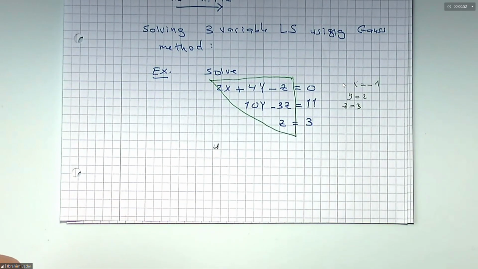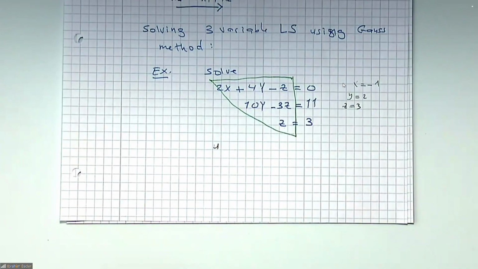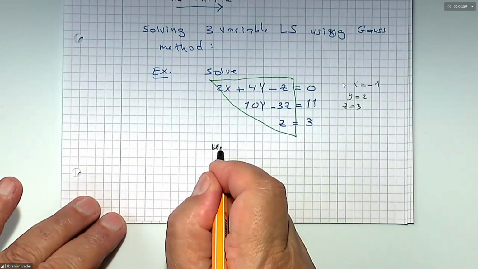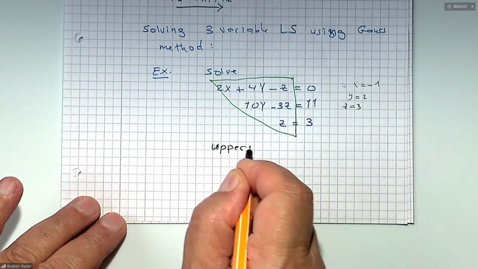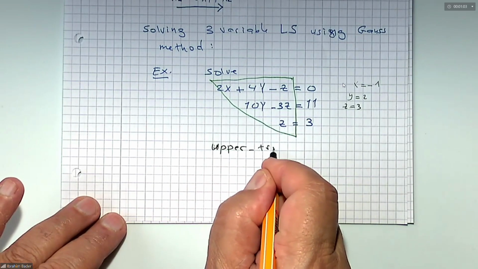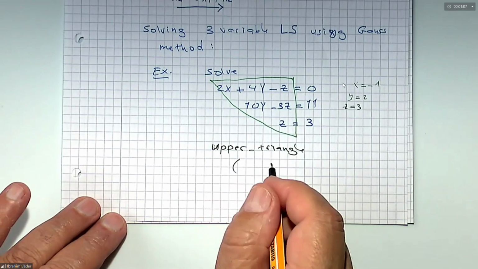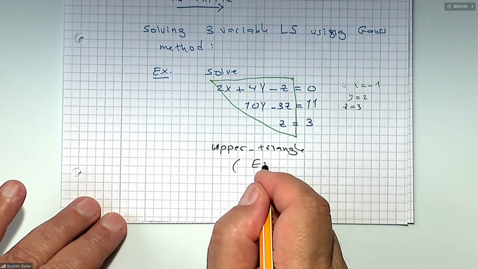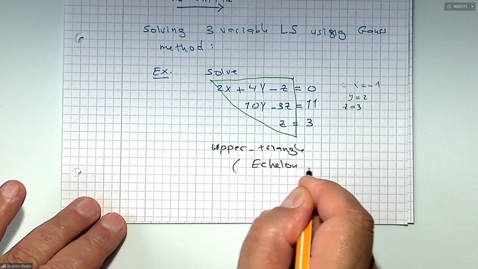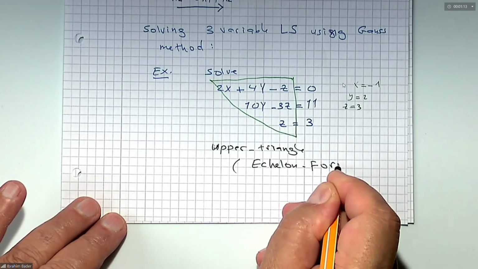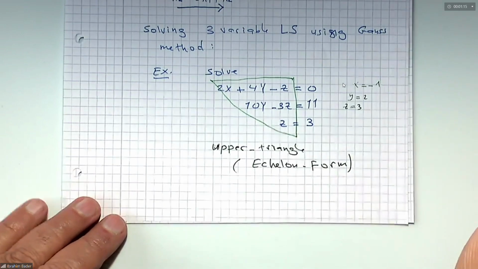So as you see here, you are just bringing this system in this upper triangle form, or triangular form. And also it's referred to as echelon form. Okay.